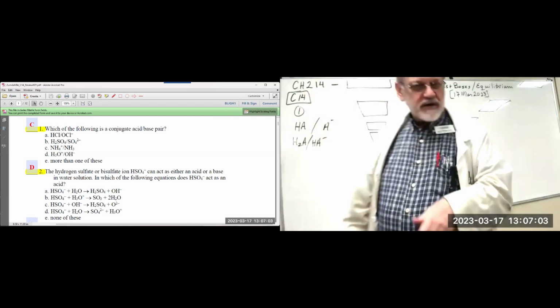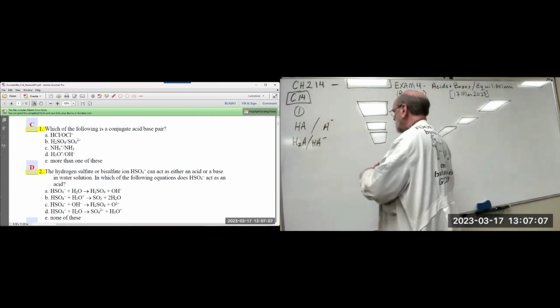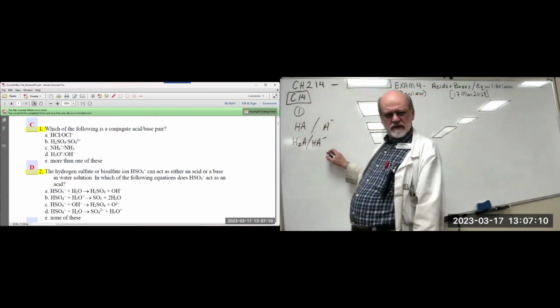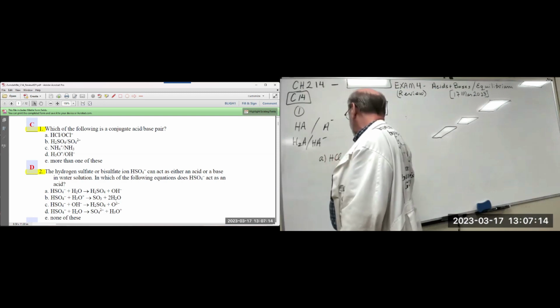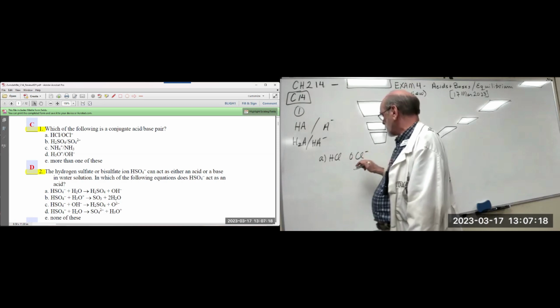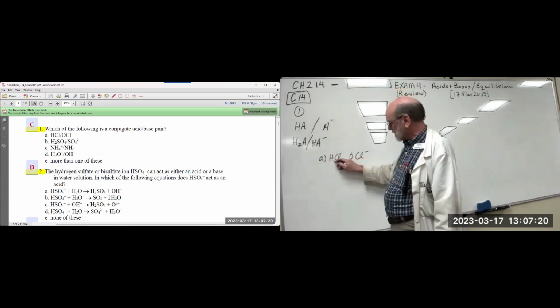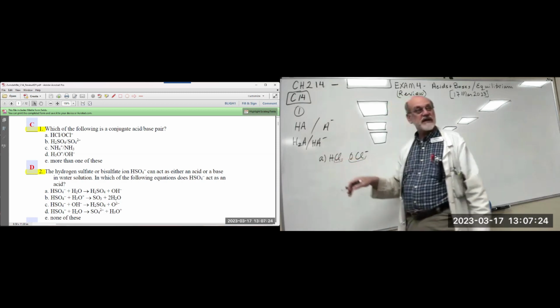So let's see, which one of these fits? Well, the first one is HCl and OCl minus. The part that's messed up here is this part right here. They're not the same, right?